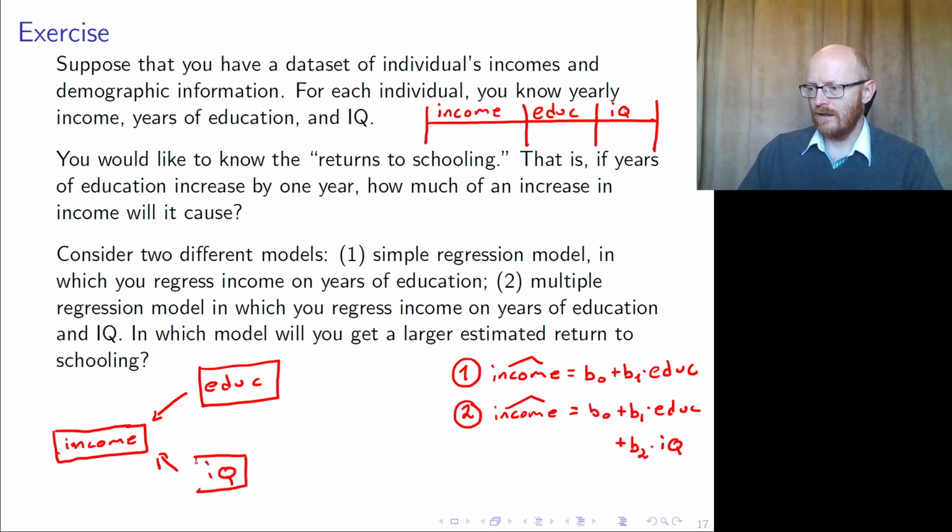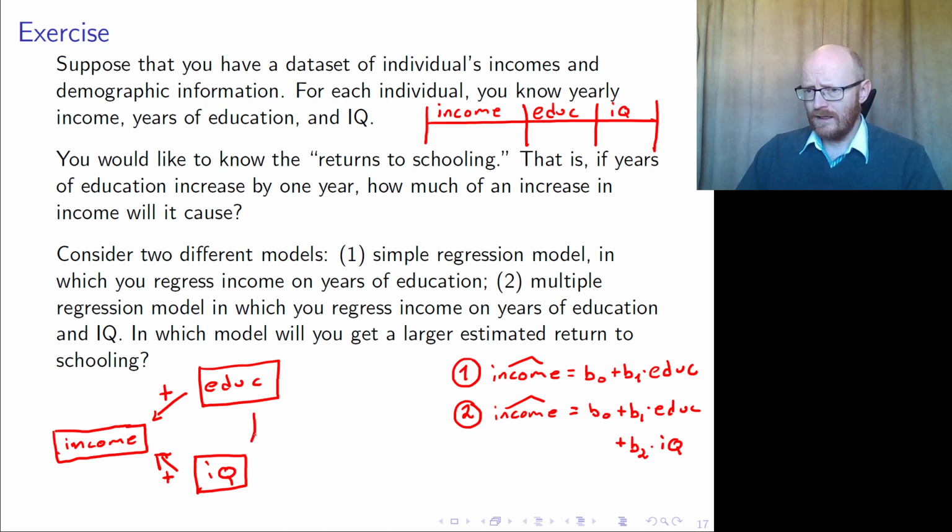And what would you expect that sign to be? Probably it would be positive, right? More IQ, well, if you're smart, then you make more money. And if you have more education, then you make more money.